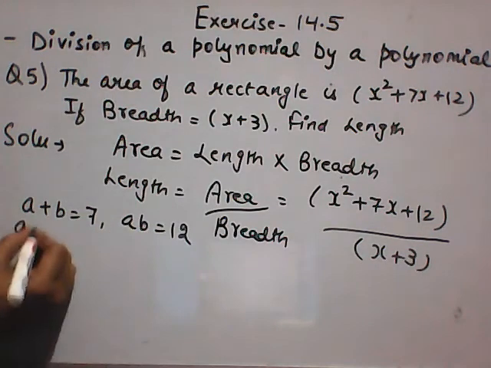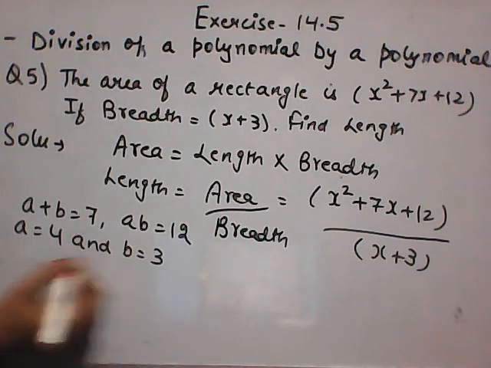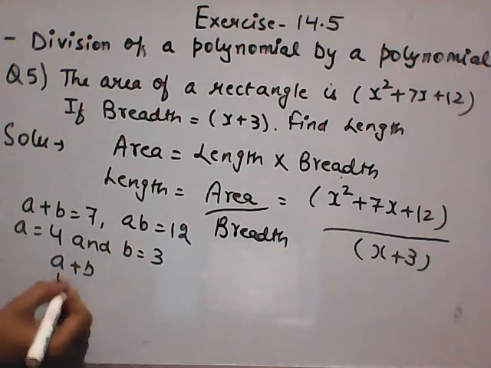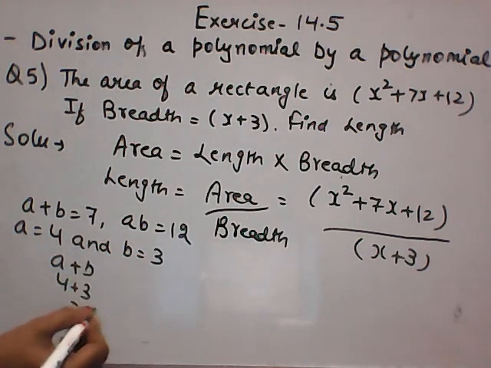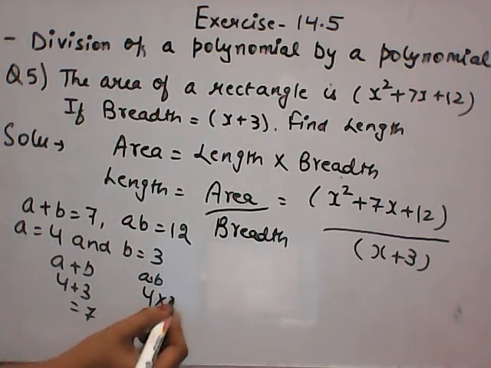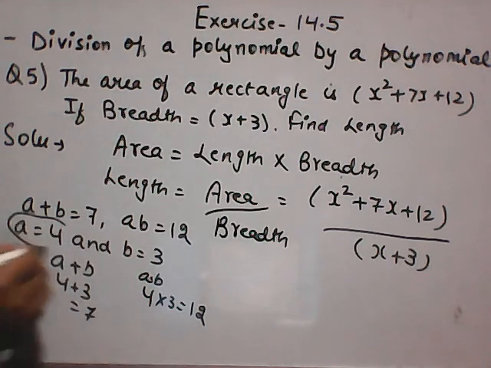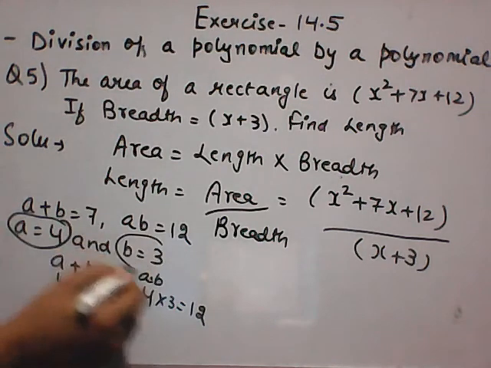If we take a equal to 4 and b equal to 3, then a plus b is 4 plus 3, which is 7, and the product a multiplied by b, 4 multiplied by 3, is 12. So our constants are a equal to 4 and b equal to 3.